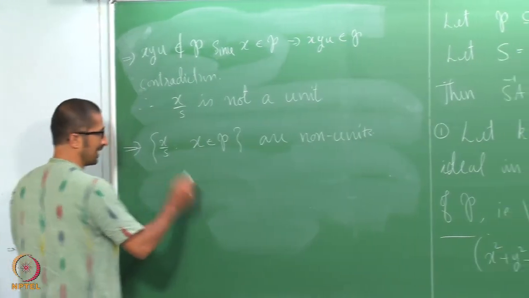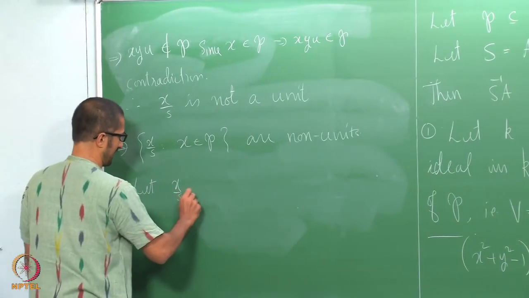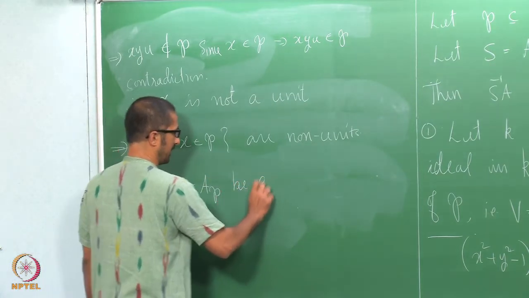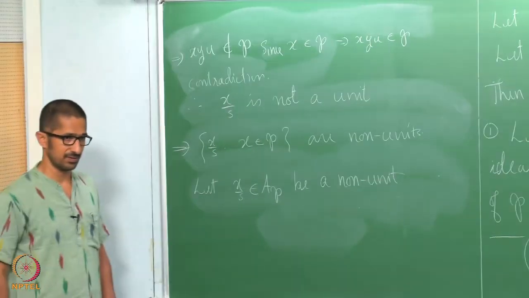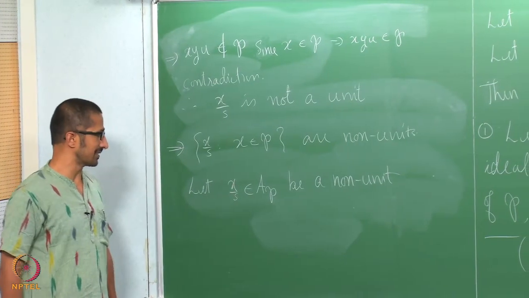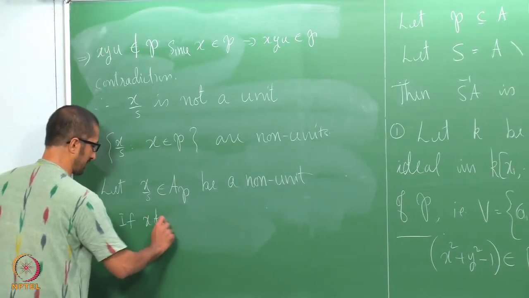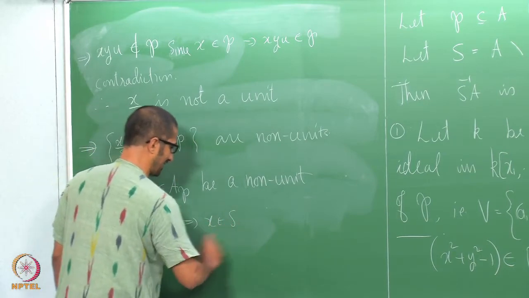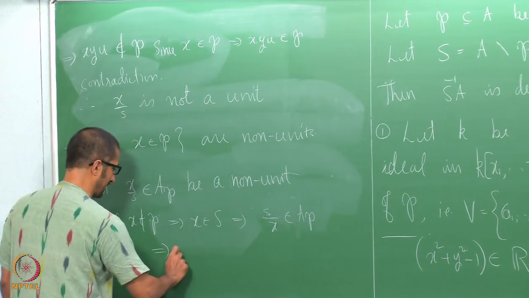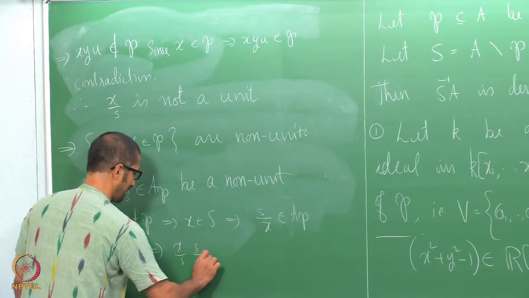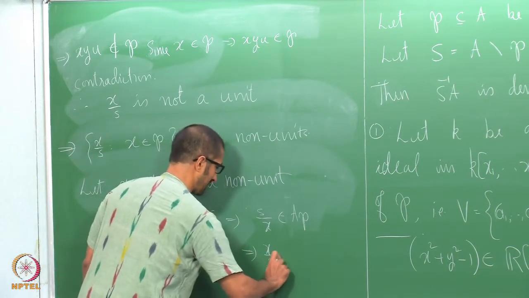Now suppose I take a non-unit. Okay. Let x/s in A localized at P be a non-unit. I claim that x is in P. If x is not in P, that implies x is in S, and that would imply s/x is in A_P, and that would imply x/s times s/x is 1/1, that implies x/s is a unit.